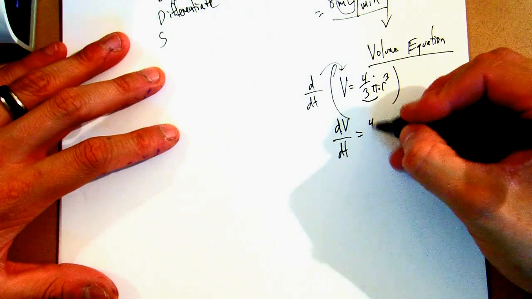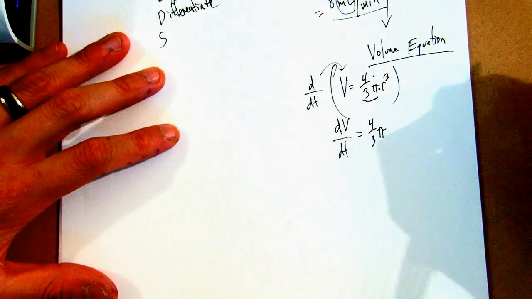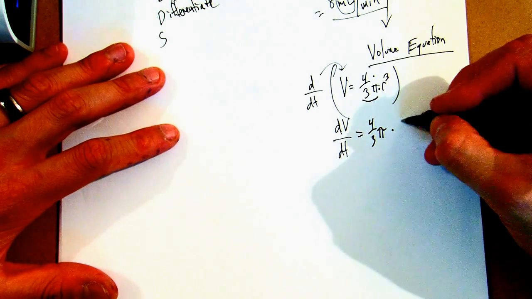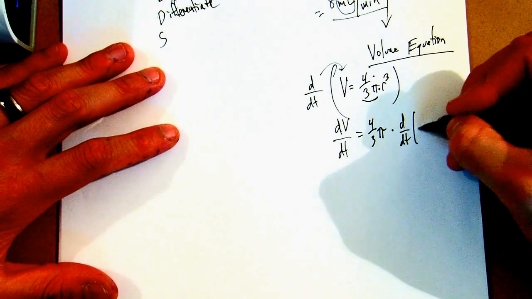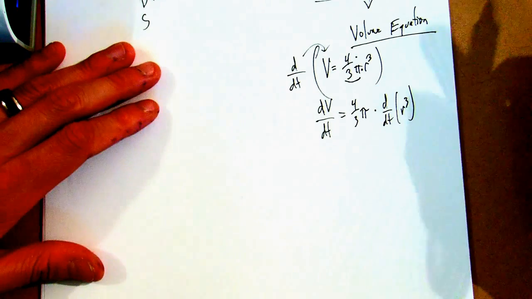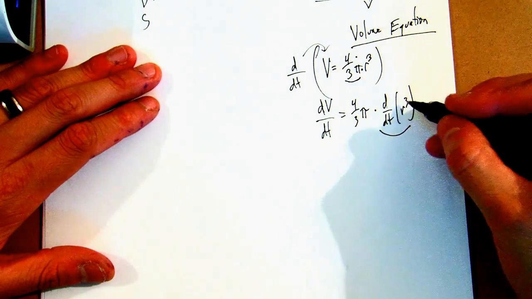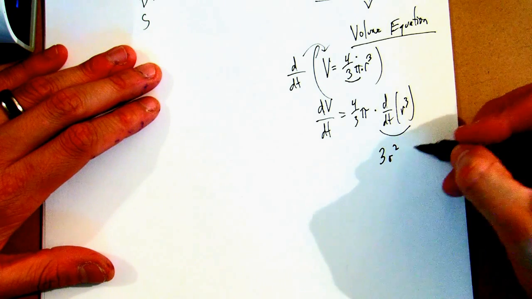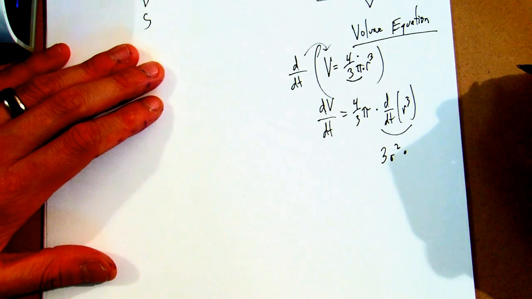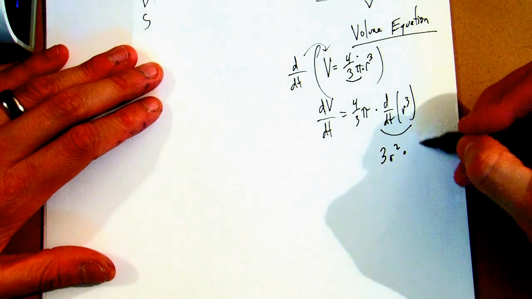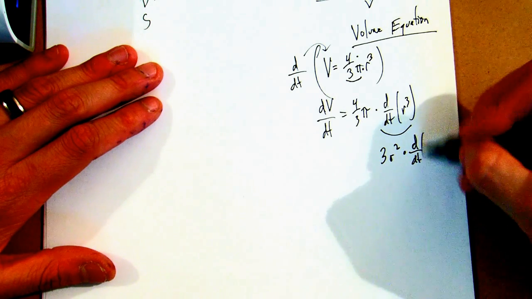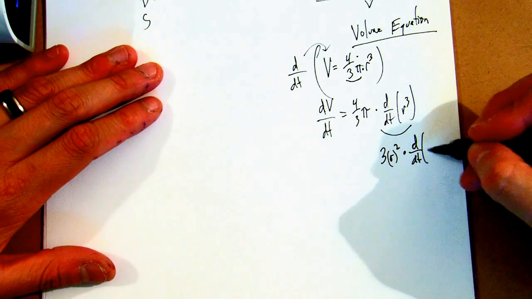So this becomes 4/3 π, and then times d/dt of r cubed. What does this become? 3r squared, times what? Times the derivative d/dt of the inside. What was the inside? r.